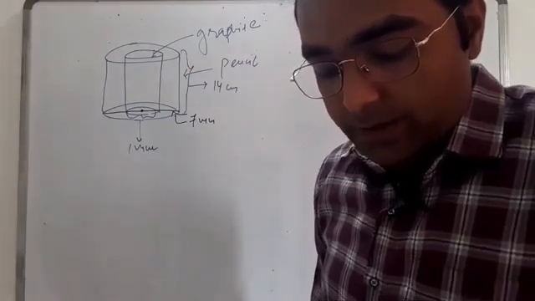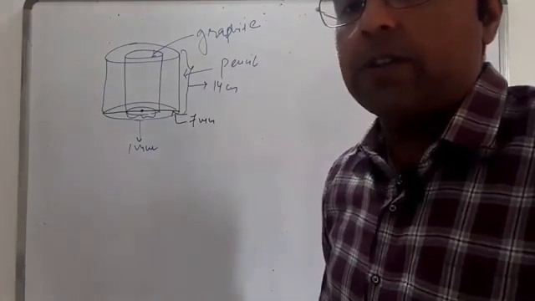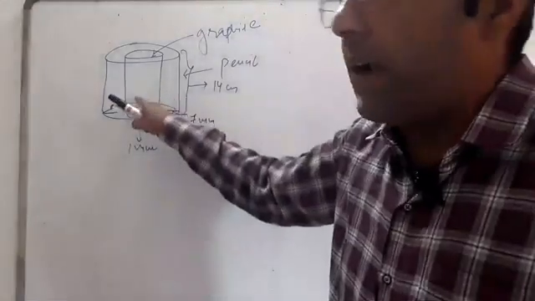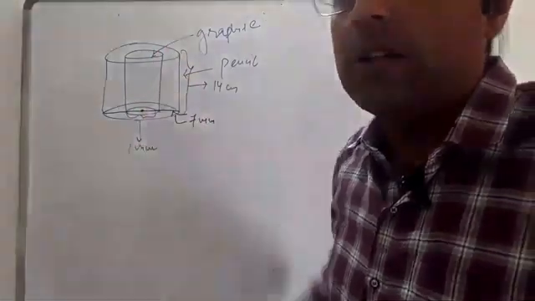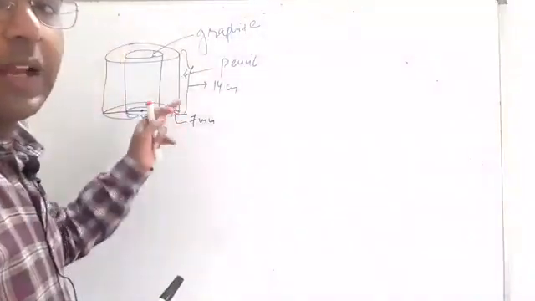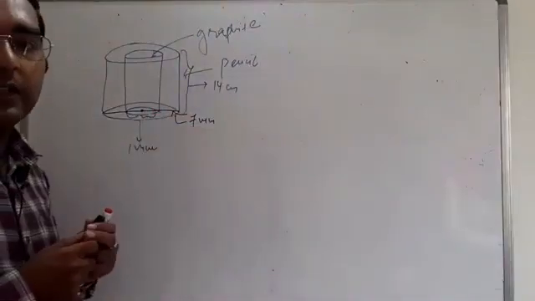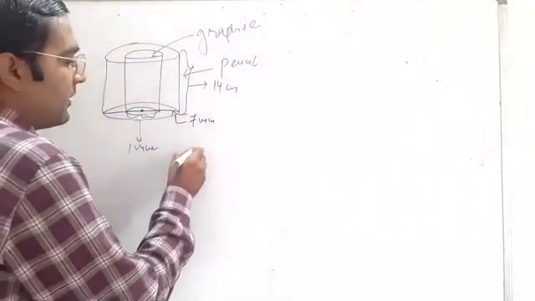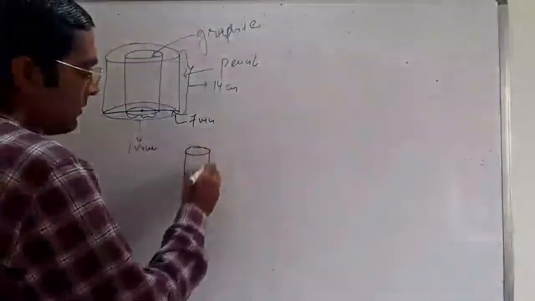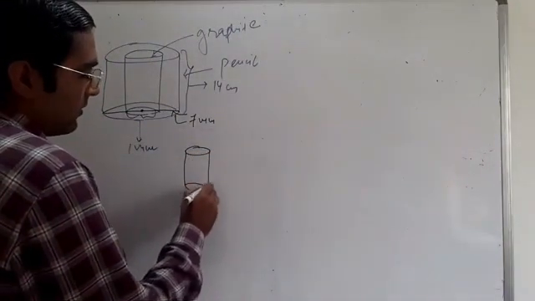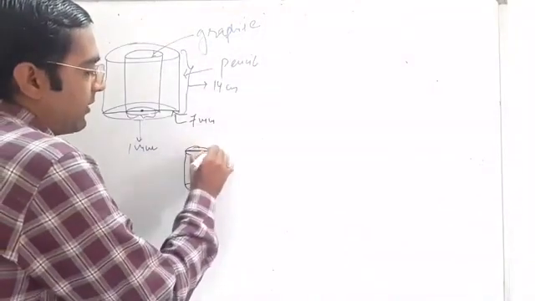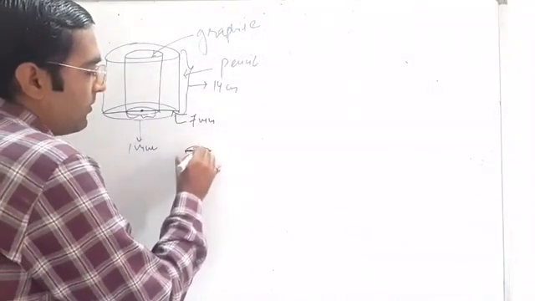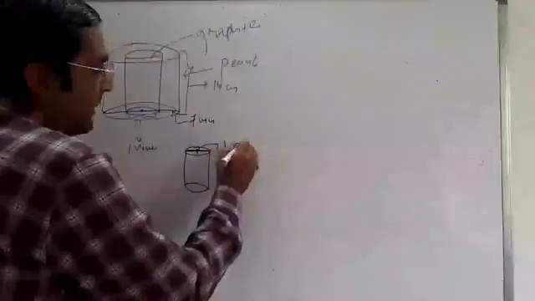So students, first of all we have to find the volume of the graphite, that is, the inner cylinder. I'll split this inner cylinder, that is my graphite, like this. My diameter is 1 mm.